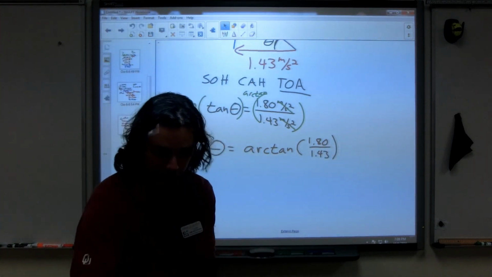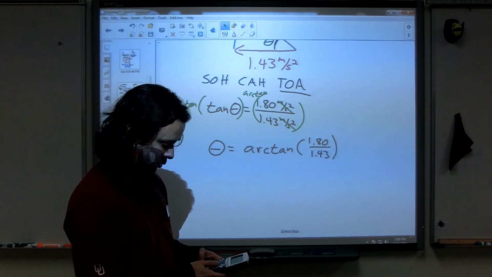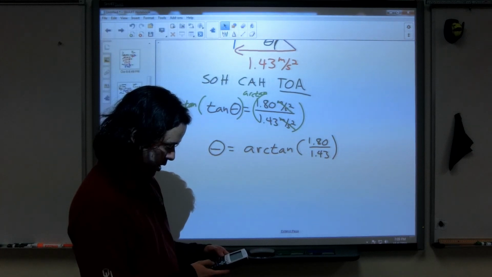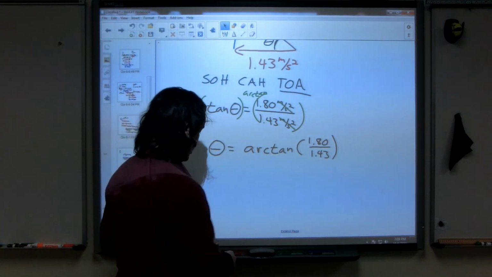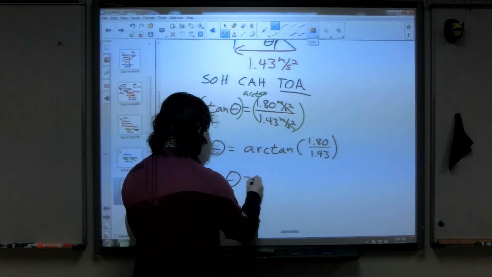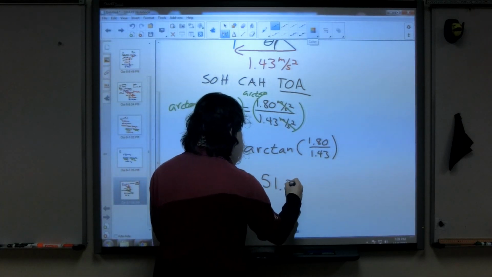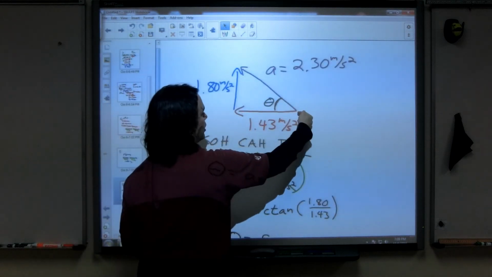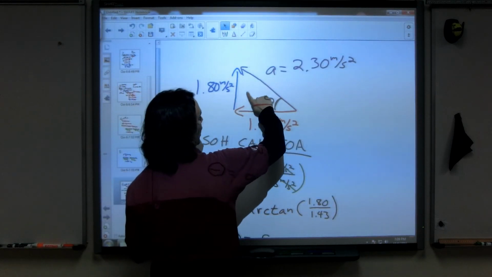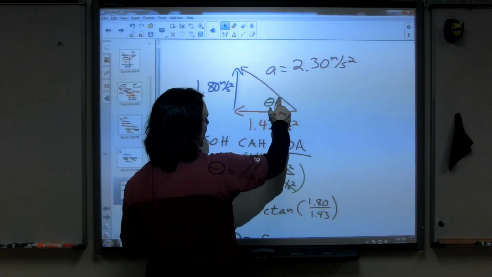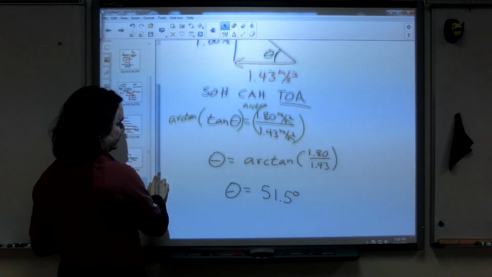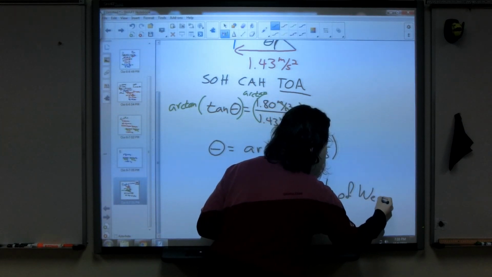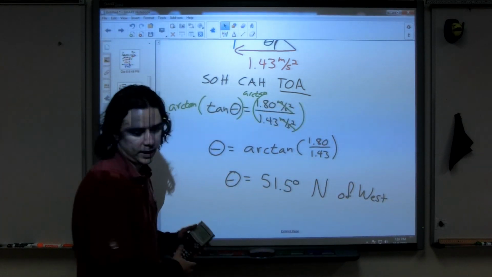Put that into my calculator. 1.80 divided by 1.43, inverse tangent, and I end up with theta equals 51.5 degrees. And since that's this angle here, I would have west. I'm going up 51.5 degrees. This angle is 51.5 degrees north of west, which I believe is what they asked for.